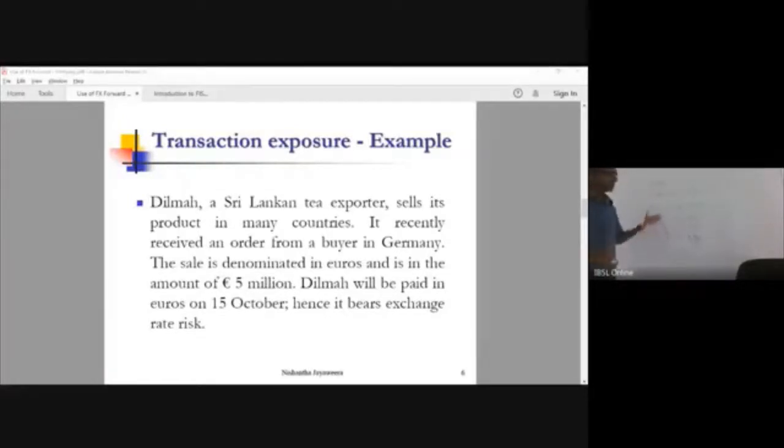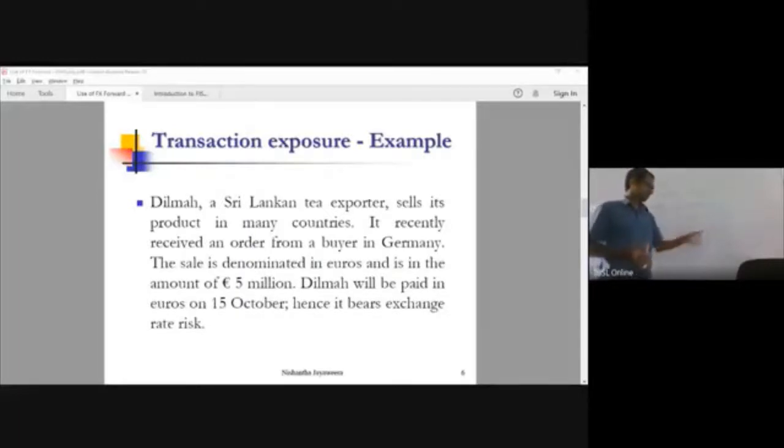Say the exporter knows there may be a risk, so he might not quote 1.9. Say he quotes it as 2 euros per 1 kilo. Then the buyer agrees to buy. That's the way.